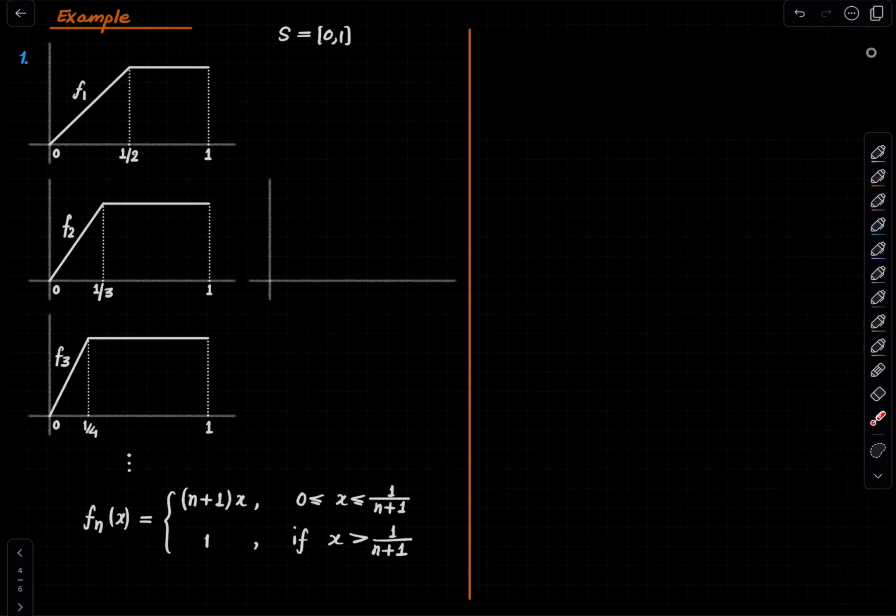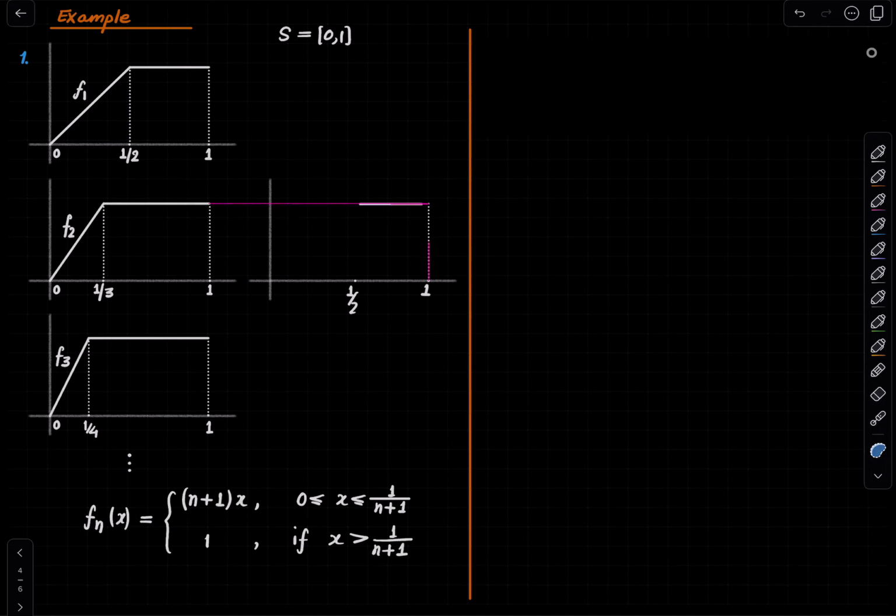All the functions in this sequence will take the value 1. So it is clear that if you choose a point x which is greater than 1/2, all the functions furnish the value 1 there, and therefore the limiting value for that particular point is 1.